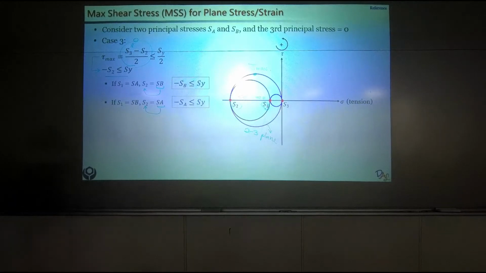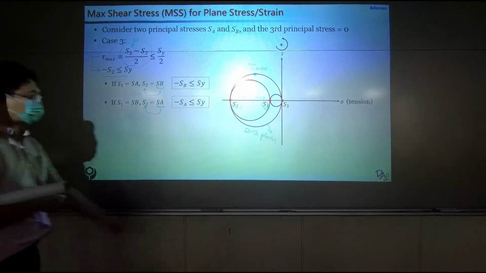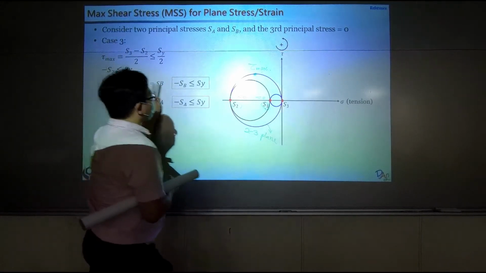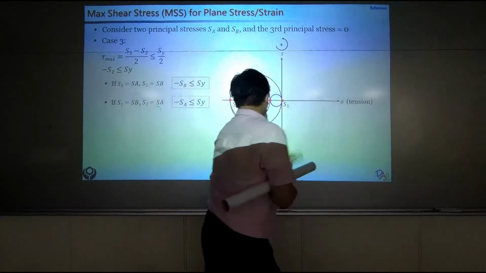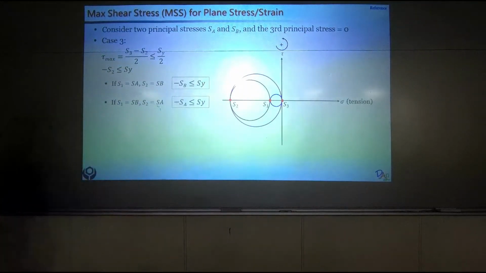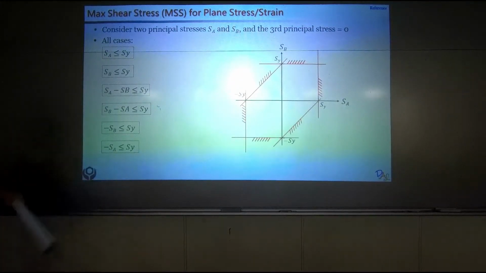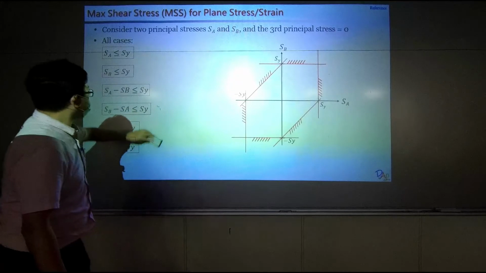Okay, now we have described all possible situations, and we end up with 6 different equations. We will look at those 6 equations at the same time. So are you okay? Okay, now let's talk about those 6 equations, because those 6 equations are the design equations based on this complete analysis. Those are the 6 ones. All possible situations are here.